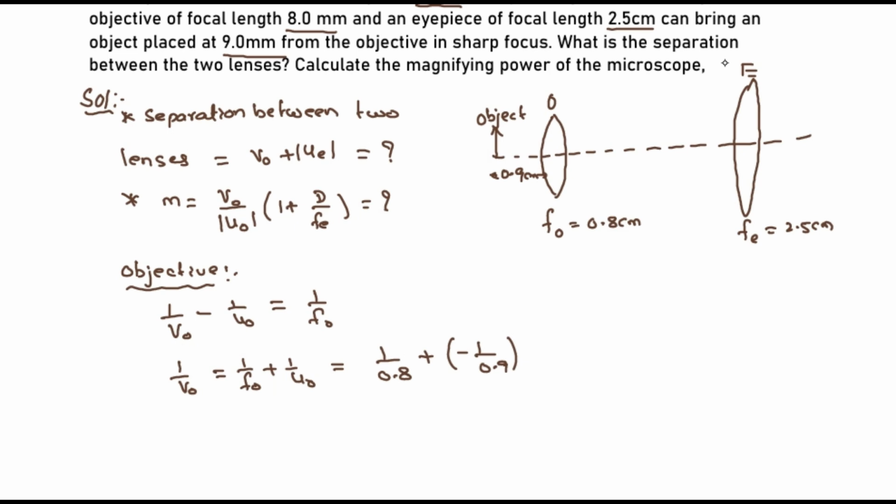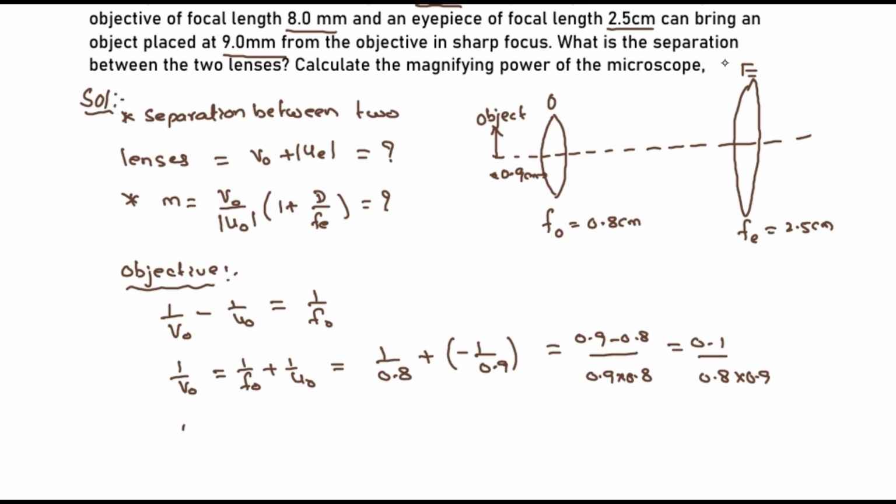That is equal to 0.9 minus 0.8 divided by 0.9 into 0.8, that is 0.1 divided by 0.8 into 0.9.